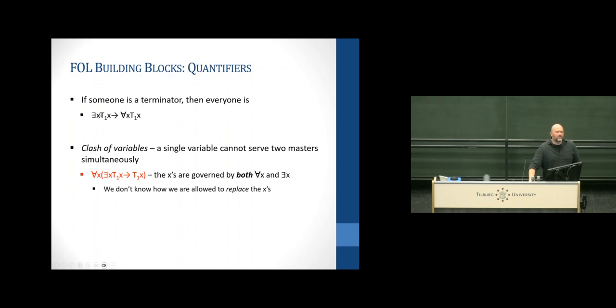Because it says, if somebody's a terminator, everybody is. So if Socrates is a terminator, then he's going to have to be a terminator. So the different variables can pick out the same object in some sense of pick out. But grammatically, syntactically, we want to keep them distinguished. That's the problem here. Not that we might plug the same thing in.